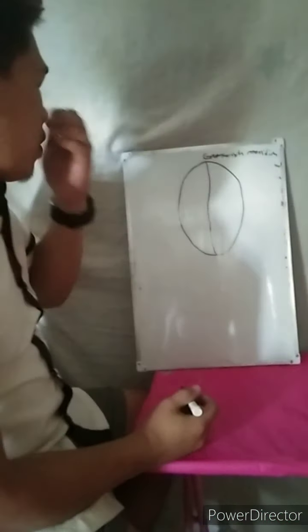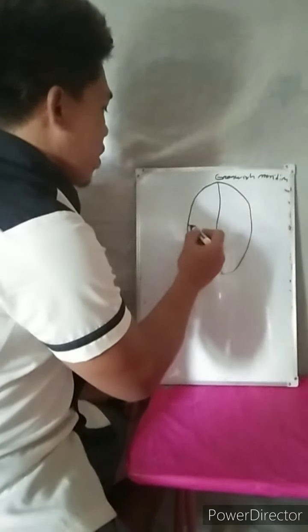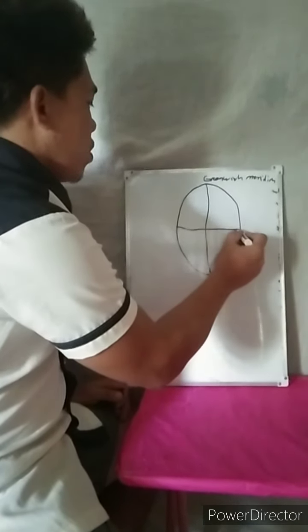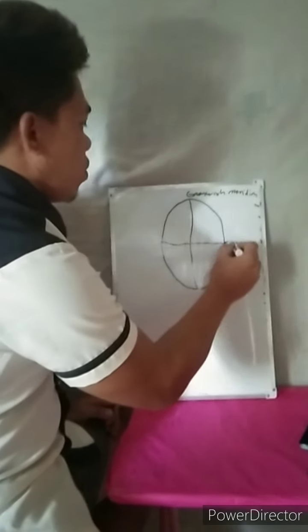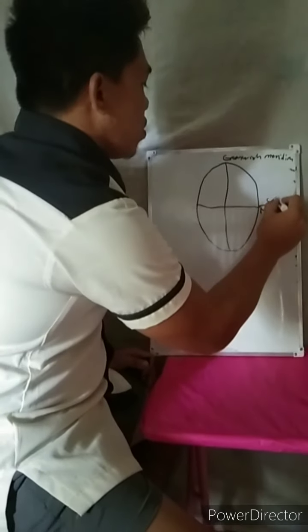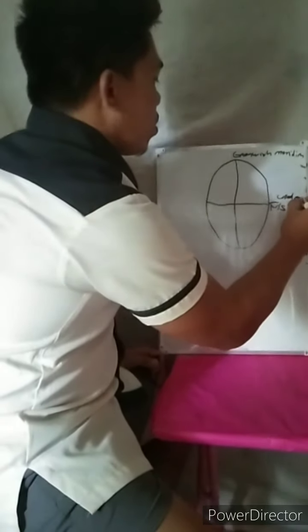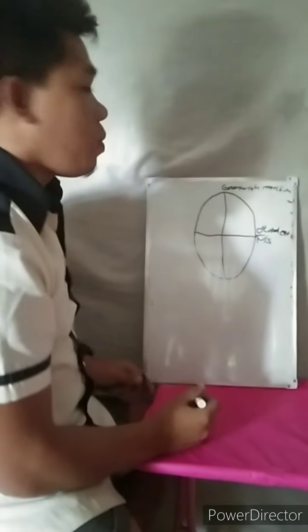Maghambal kita gani nga magingon kita nga equator. Ang equator makita from south to north to south pole. Mao sa north to south pole called equator, or equator 0 degree. Mao na siya.